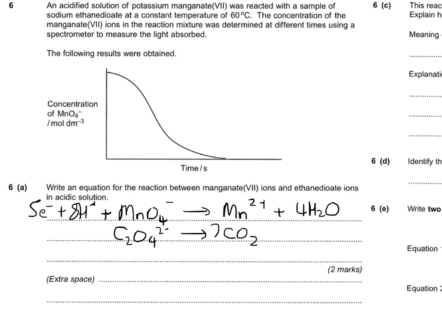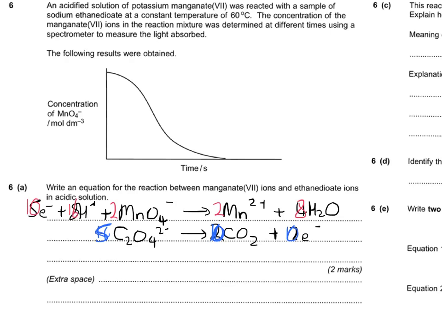And on the bottom you need 2 CO2 and 2 electrons, and then multiply the top one up by 2 and the bottom one by 5, so you've got 10 and 10 electrons, and then add them together to get the overall reaction.